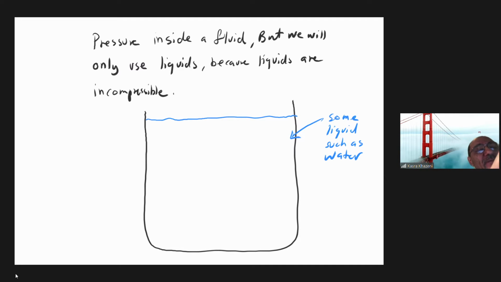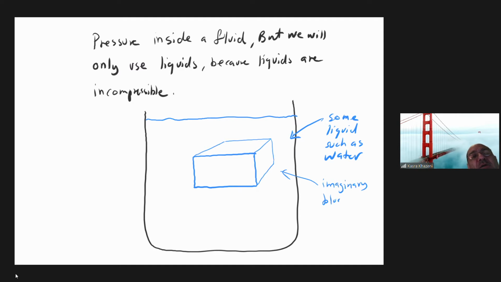All right? So if I only look at some imaginary block of water inside this container, it's just some imaginary block of the liquid in there. And that block, of course, is just sitting there.